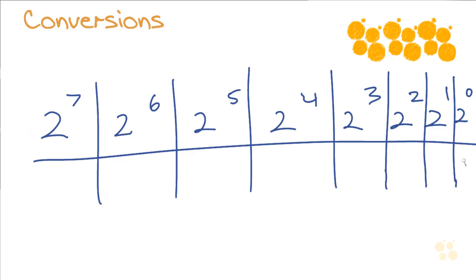2 raised to the 0 power, anything raised to the 0 power is actually 1. Anything raised to the 1 power is that number itself. And guess what? You just double as you go through here solving for these values. What are these values?